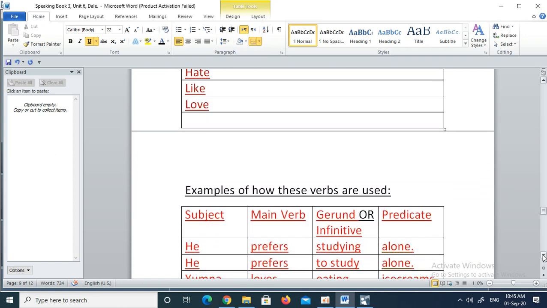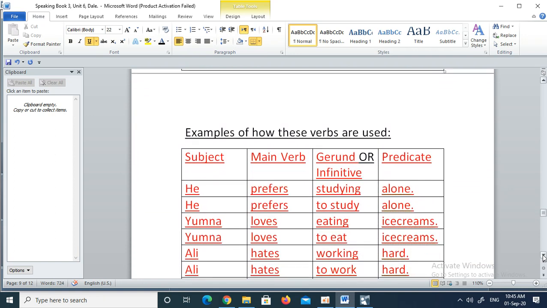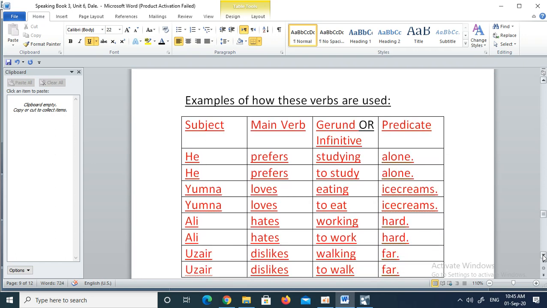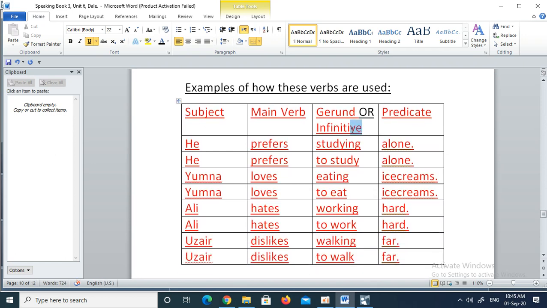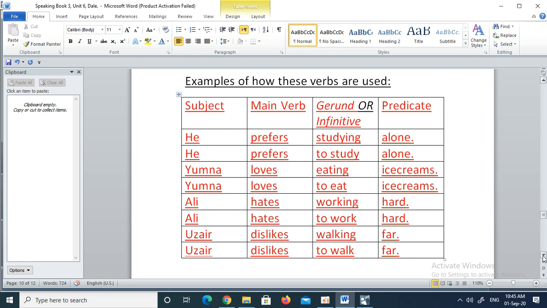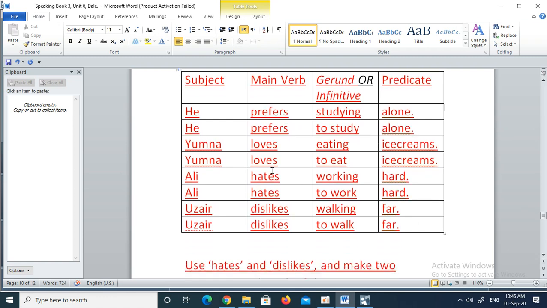Now, again, we will use the same basic 4-block construction, but notice in block 3, you can either use a gerund or you can use the infinitive. So I will say, he prefers studying alone, and I used the gerund.